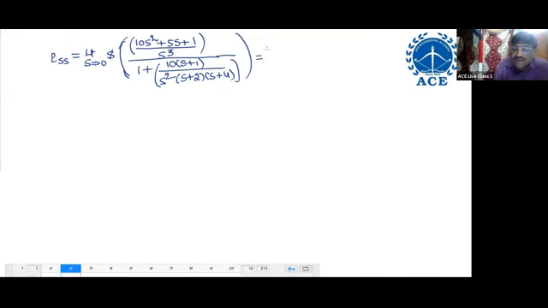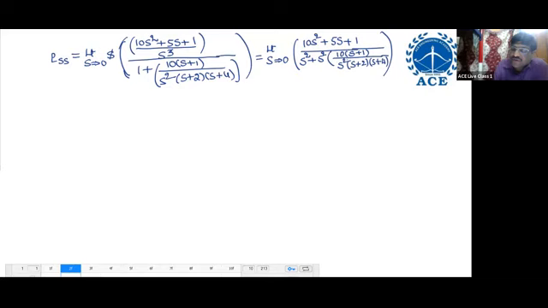Limit S tends to 0, 10S square plus 5S plus 1 divided by S square into S square, which comes in the denominator, here also S square into 10 into S plus 1 by S square into S plus 2 into S plus 4.